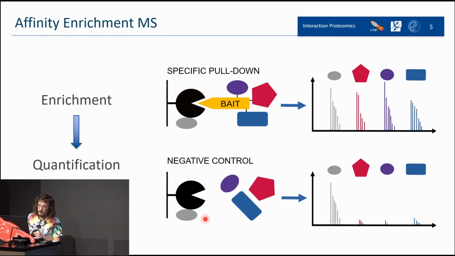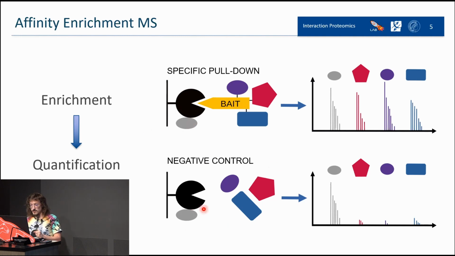So you create two experiments, one with the bait and one without the bait, and you have to be sure that your specific binder here will select only the bait and not all other stuff that may be in the sample. And then what you expect is to find your bait along with all the specific binders. But since you don't wash your sample, you will surely end up with some unspecific binders as well, that are shown here in gray.